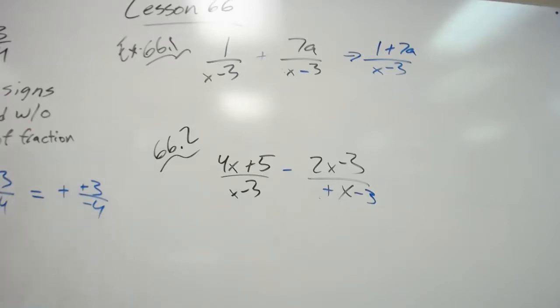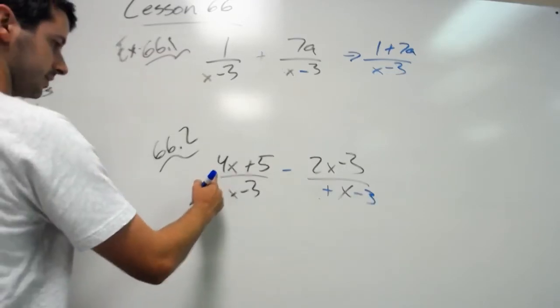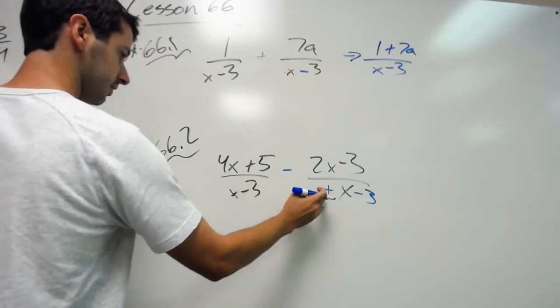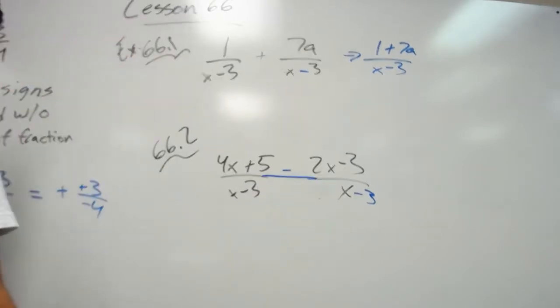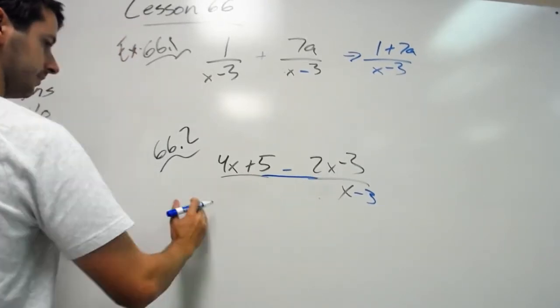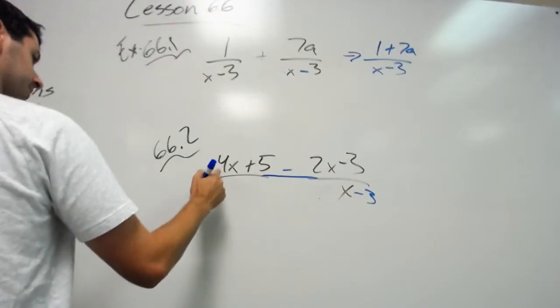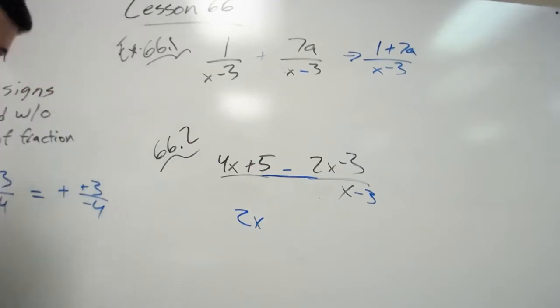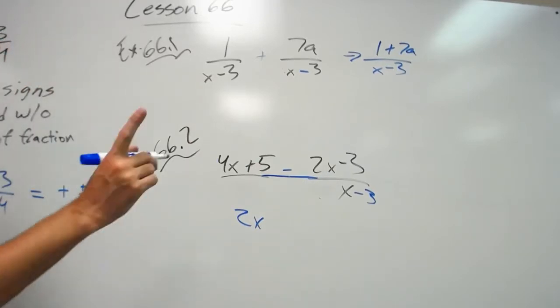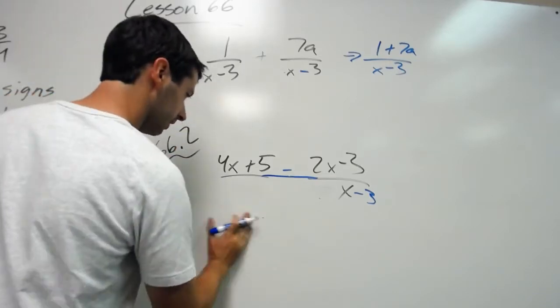From this point, we have 4x. We now have the same denominator, so we can put them in the same numerator and add like terms. 4x minus 2x is 2x. And then, let me back up.